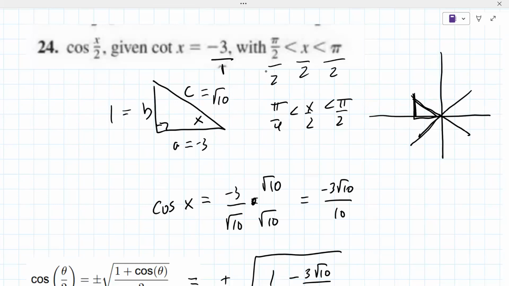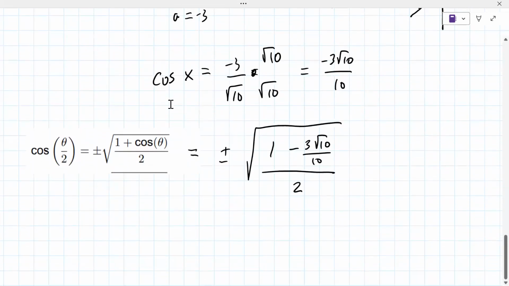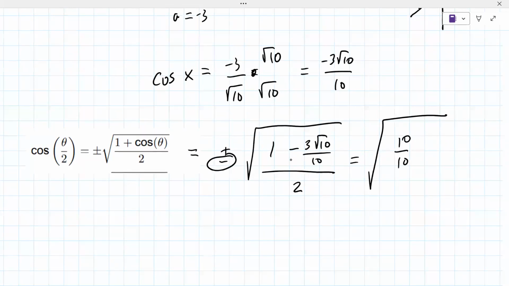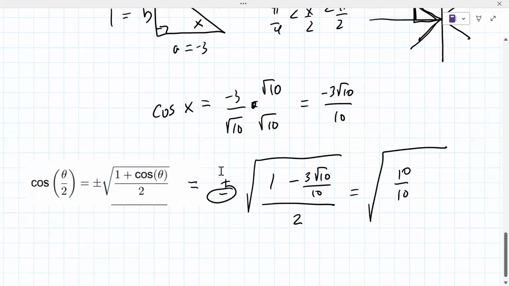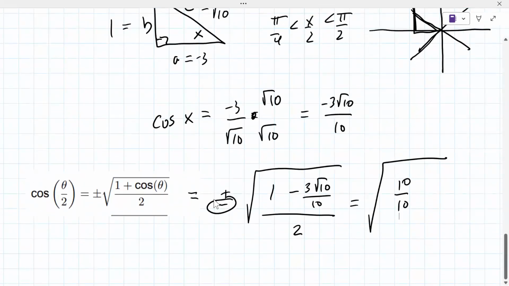That's not always true, but let's talk about how to reduce this. Wouldn't cosine be positive in quadrant 1? Yes, it is positive in quadrant 1. Thank you.